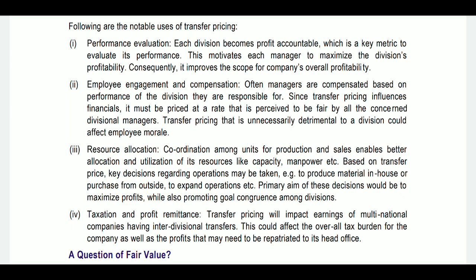For example, produce material in house or purchase from outside. Based on our resource allocation, we get this answer: make or buy, to expand our operations. The primary aim of the decision is maximization of profit while also promoting goal congruence among divisions. We will see goal congruence later.